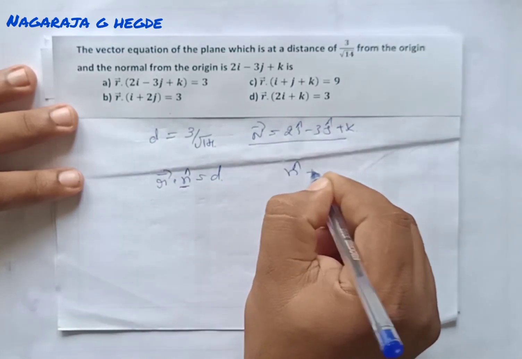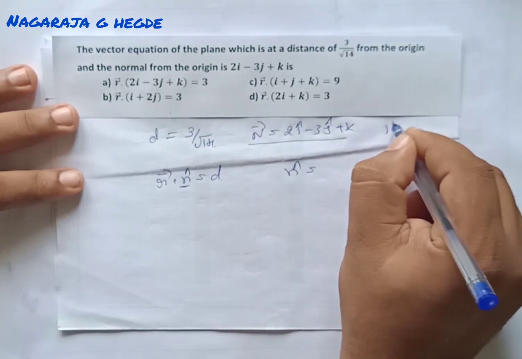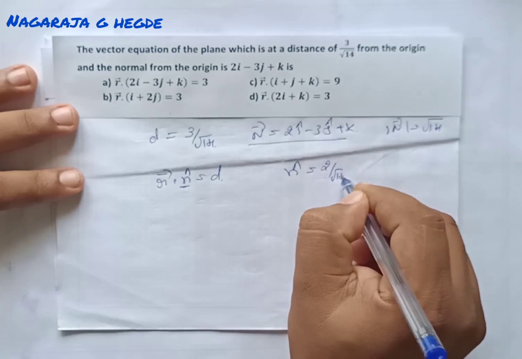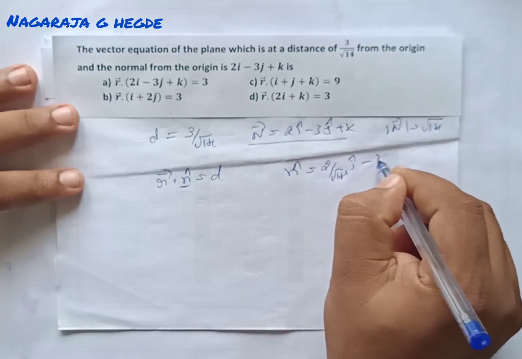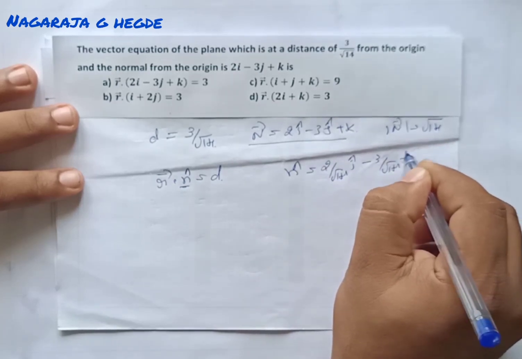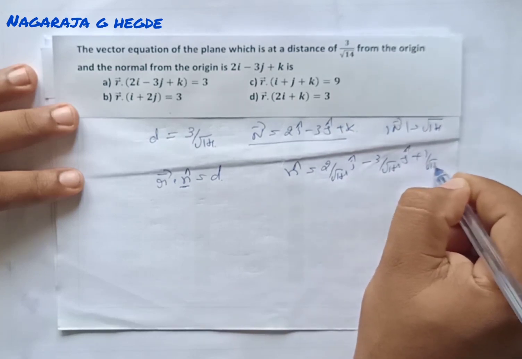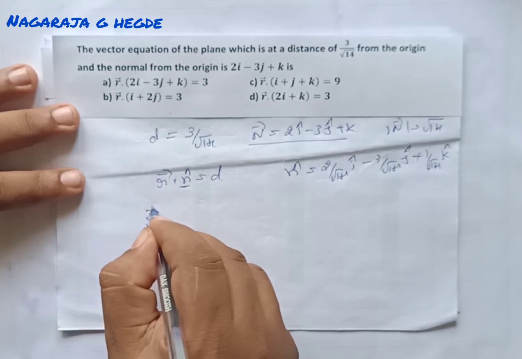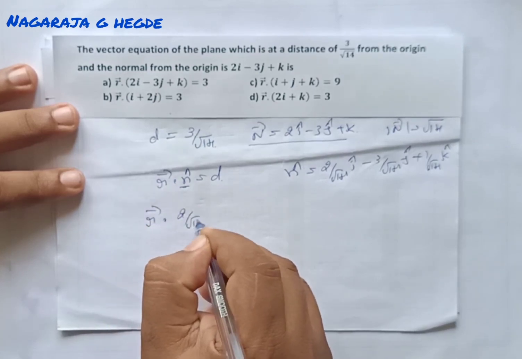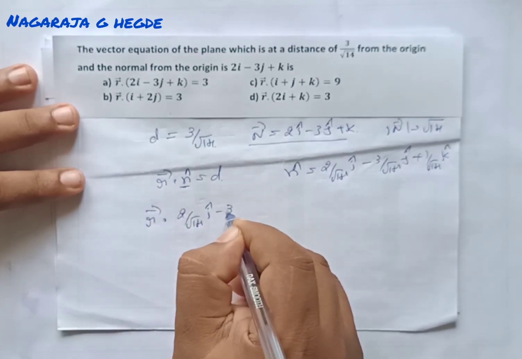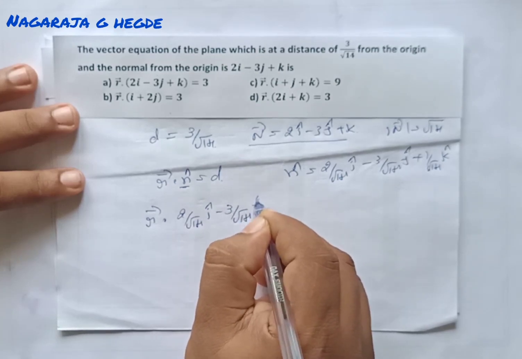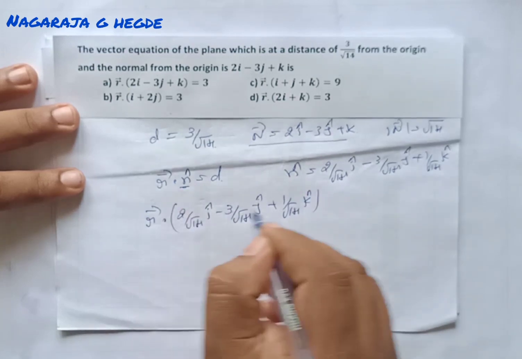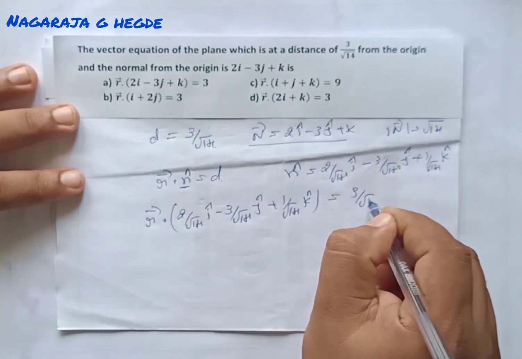So n cap is equal to the vector divided by its magnitude, root 14: 2 by root 14 i cap minus 3 by root 14 j cap plus 1 by root 14 k cap. Substitute here: r dot that equal to 3 by root 14.